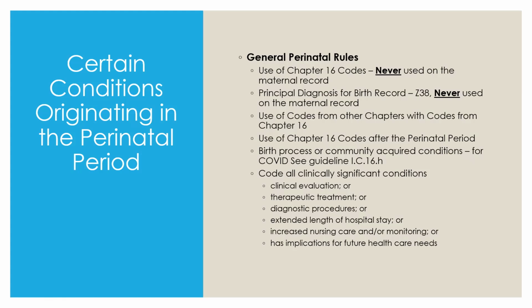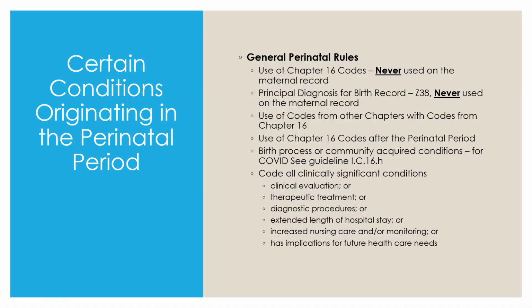Number two, principal diagnosis for birth record. When coding the birth episode in a newborn record, assign a code from category Z38 for live-born infants according to the place of birth and type of delivery as the principal diagnosis.